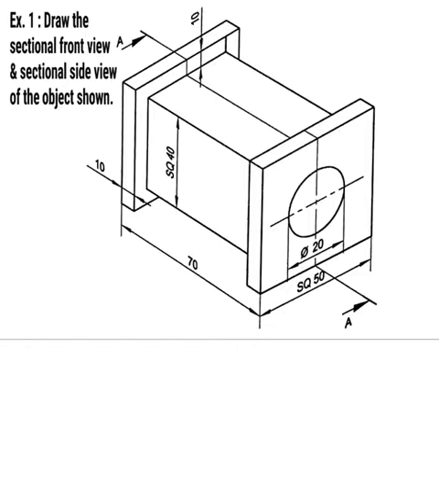So between this cutting plane line and me, the portion of this object should be removed, and the remaining portion will be our sectional view. And we need to draw the cutting faces of that object, and that will be our actual sectional front view.